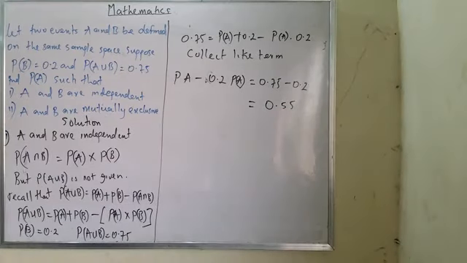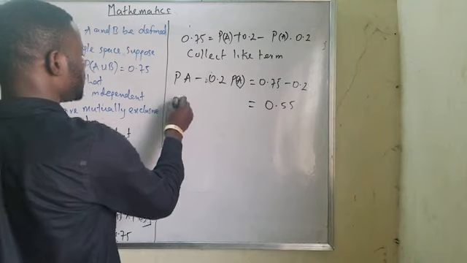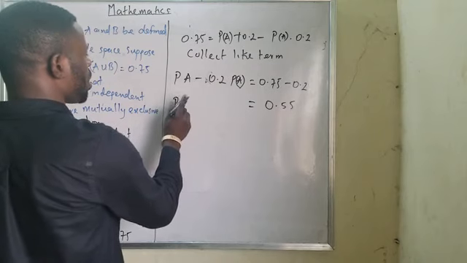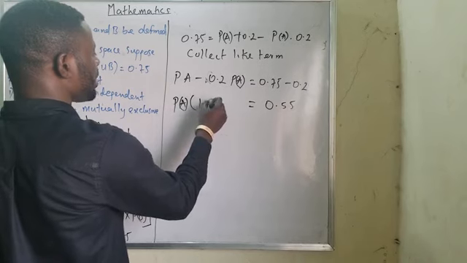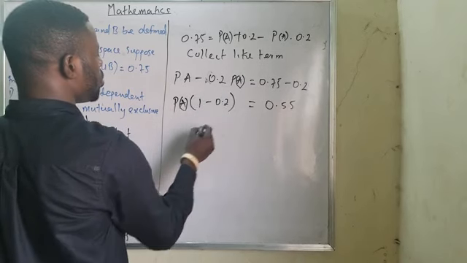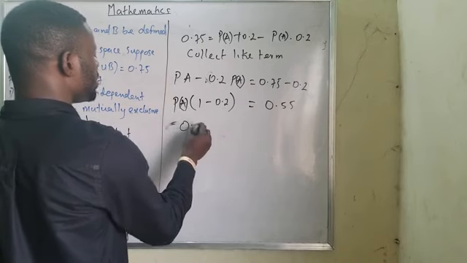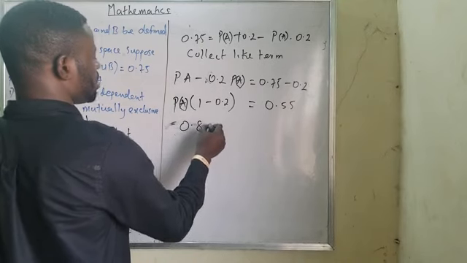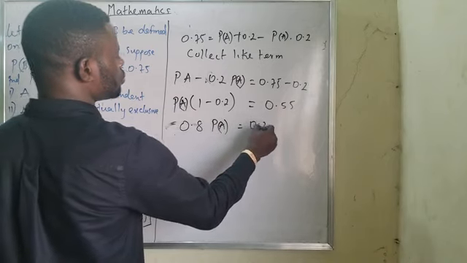Yes, 0.55. Since I have that as 0.55, now I can factor out the probability of A, which is 1 minus 0.2, which will be 0.8, probability of A.